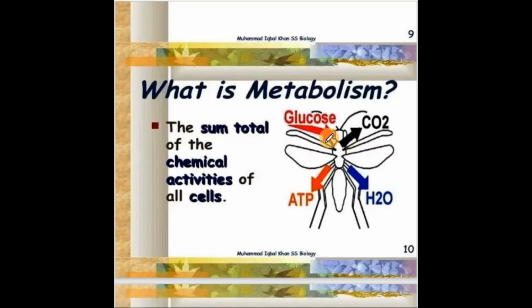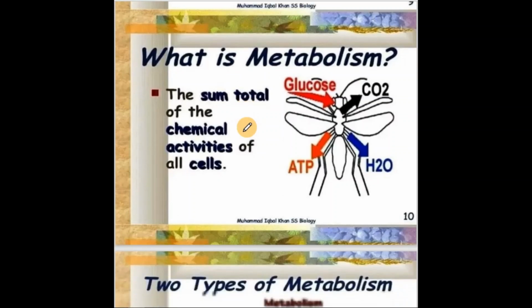The synthesis of substances in a living system is by the process of metabolism. This can be used to produce energy, to ensure homeostasis, to ensure excretion, and many others. So all the reactions in the body is what we call metabolism.